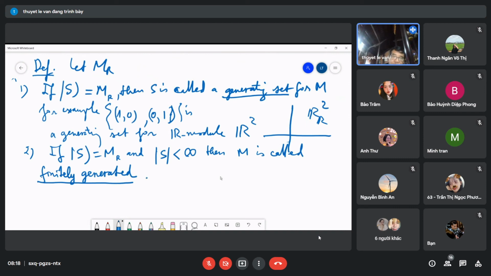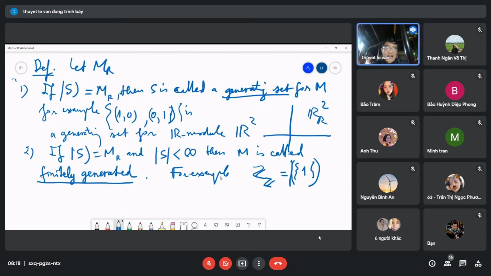For example, you can take Z. Z is generated by 1. Z is only generated by 1.